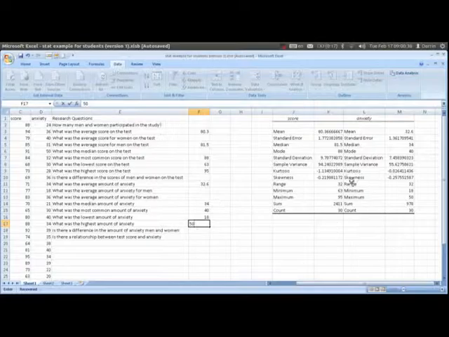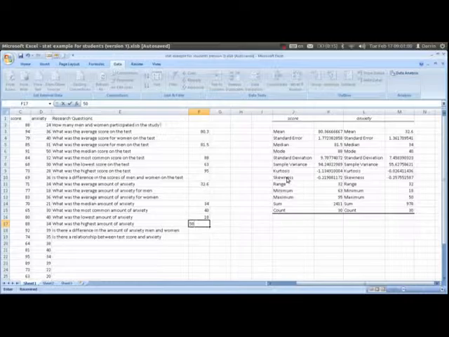Now there's other information in here, things like standard deviation, sample variance, kurtosis, skew. These are things that we're not going to touch in this particular lecture, but these are also very important statistical information for other types of analysis.